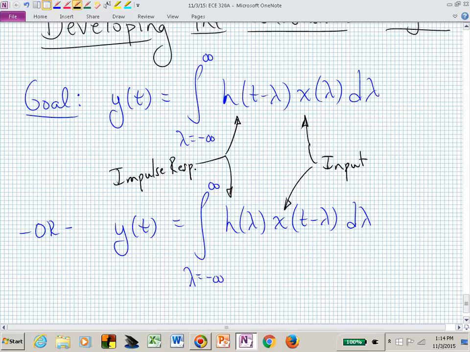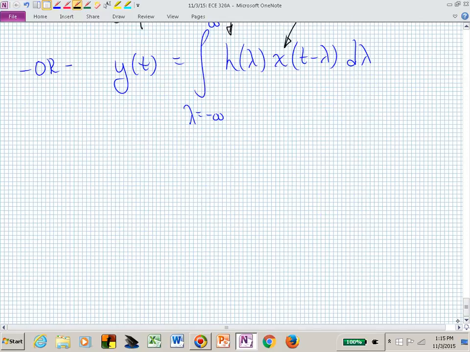We want to be able to feel comfortable with that expression and actually solve these integrals or compute these integrals in the time domain. That's homework assignment number 7. We want to be able to find h's, and we need to be able to find y's for different shapes of x's in the time domain, because x may not be always in our table of Laplace transforms. It may be something more general, something a little bit more abstract.